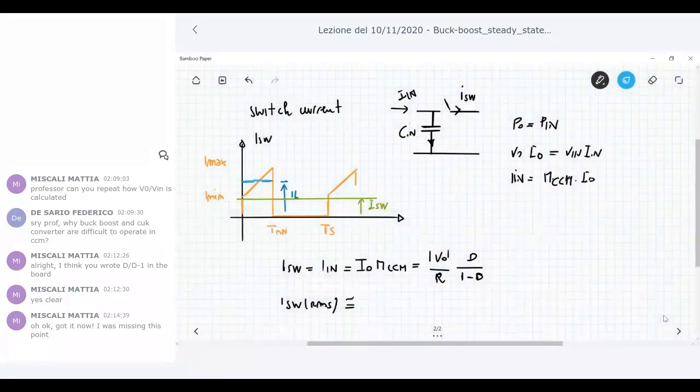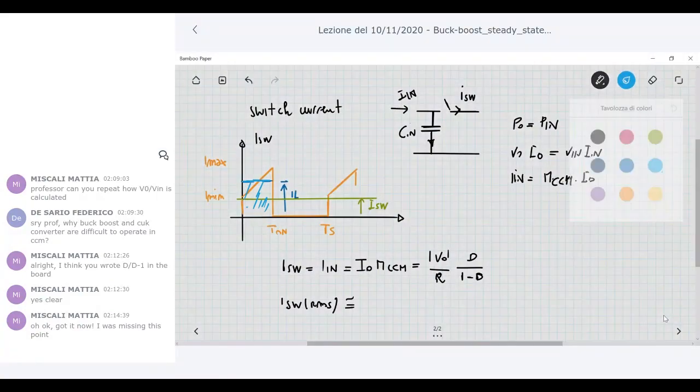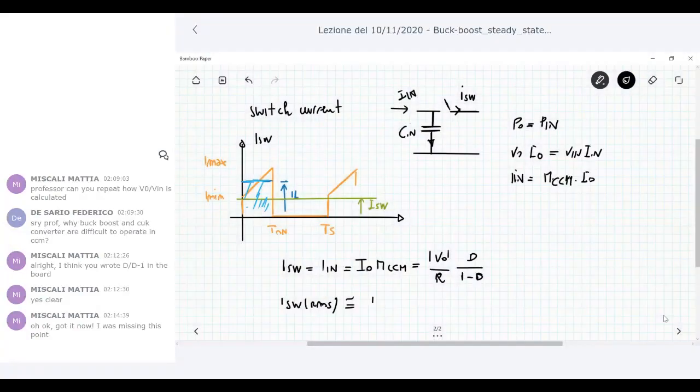You can flatten the top of this trapezoidal current by taking the value IL, the average value of the inductor current. So again, you have IL average value times square root of D.